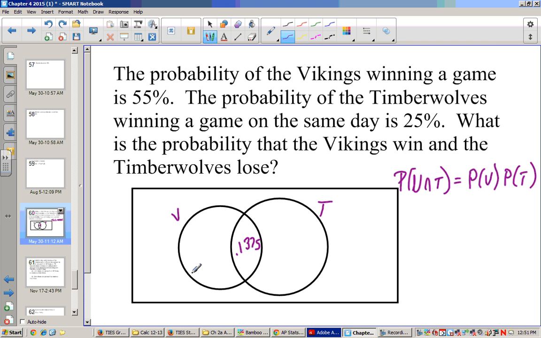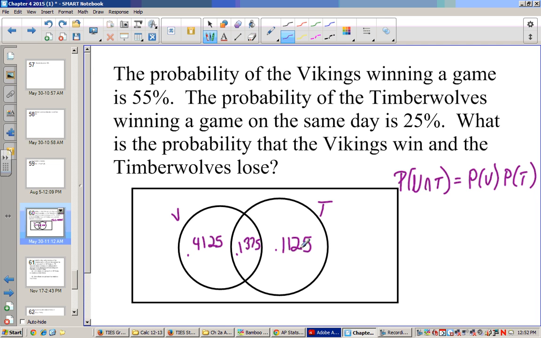Now, if I want to find the probability that the Vikings win, but the Timberwolves lose, that would represent this little spot here. So if I take 0.55 minus that, I would get 0.4125. Or if I did the Timberwolves side, 0.25 minus 0.1375, this is the probability that the Vikings lose, but the Timberwolves win.